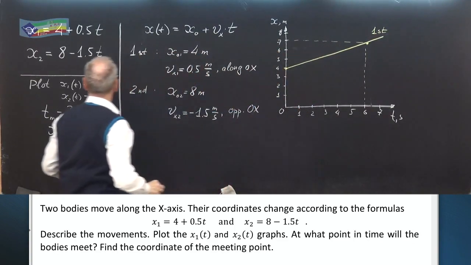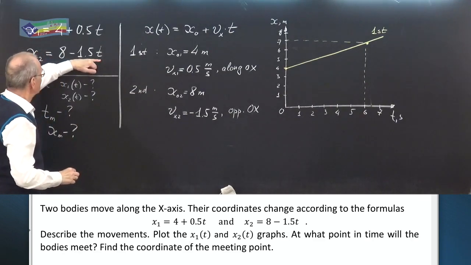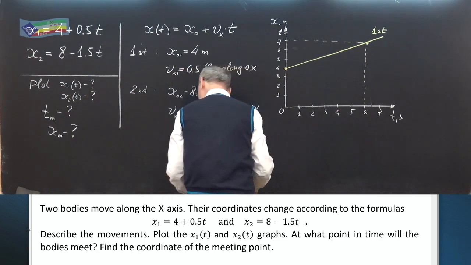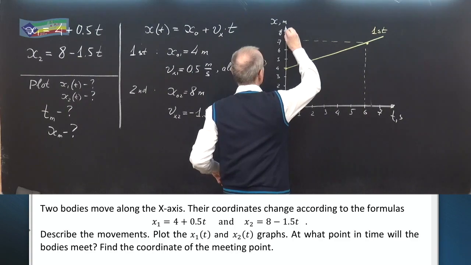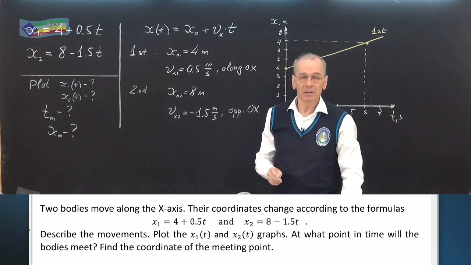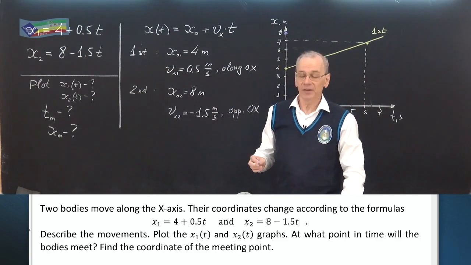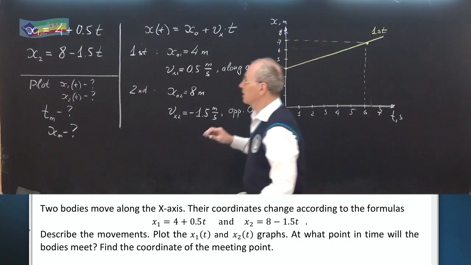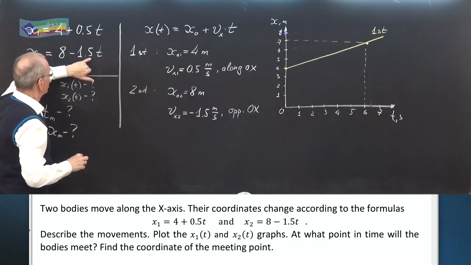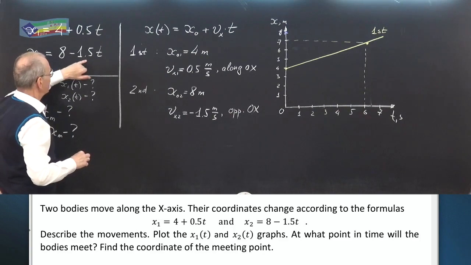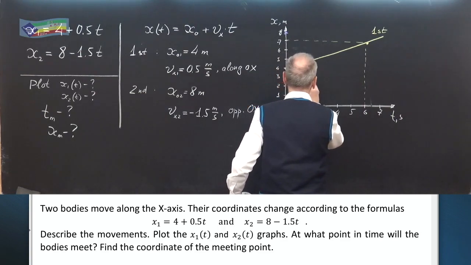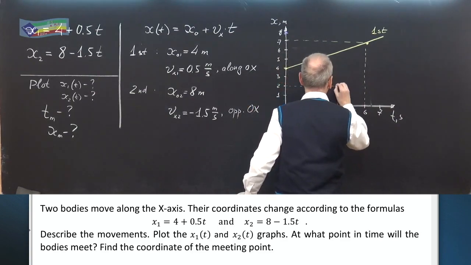The second body, at the initial moment in time, has the coordinate 8. Now let's use a moment in time, for example, 4 seconds. 4 times 1.5 is 6. 8 minus 6 gives 2. 4 seconds, 2 meters.